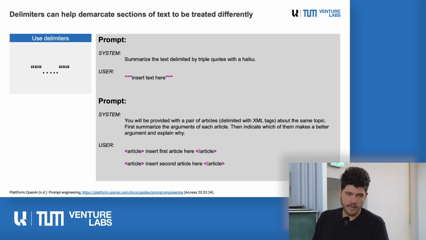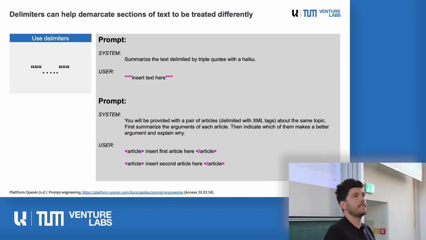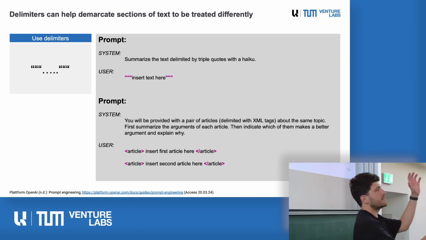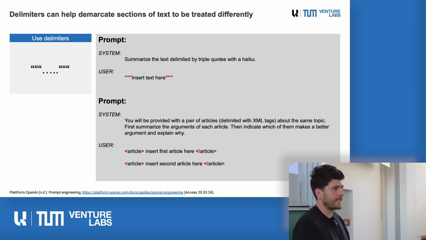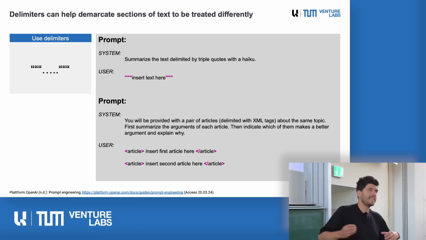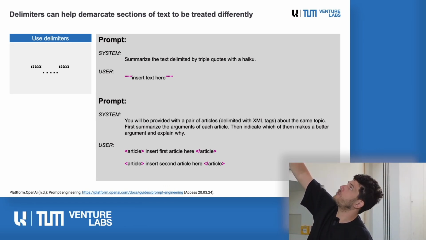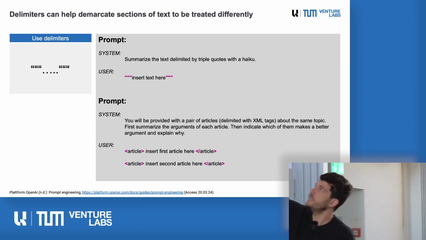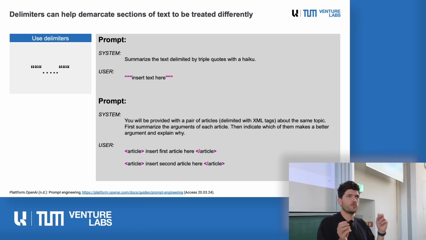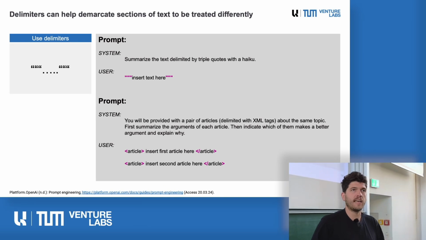Delimiters, another very basic technique that you might want to use when you ask about a larger piece of text. For example, the question is, what is the summary of this long text, and you write the long text. Now, if you don't use delimiters and just set it in somewhere, so summarize the text delimited by the triple ticks in the haiku, if you leave that away, then the AI has to assume where the text that you wanted to summarize starts and where it ends.